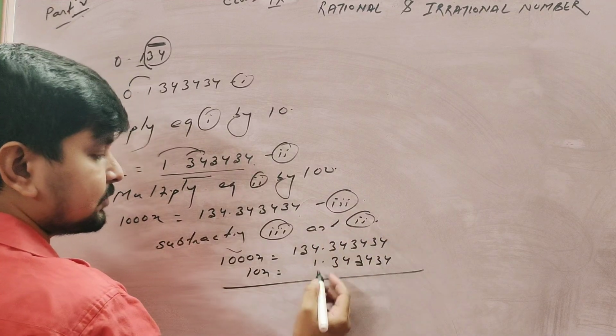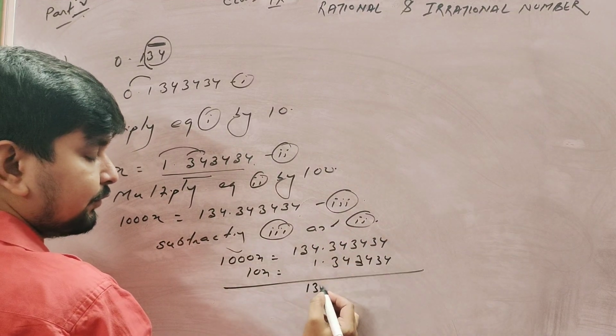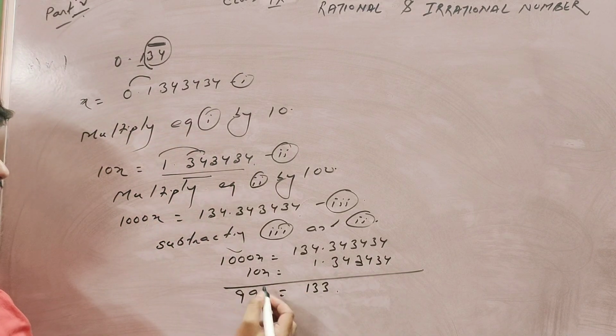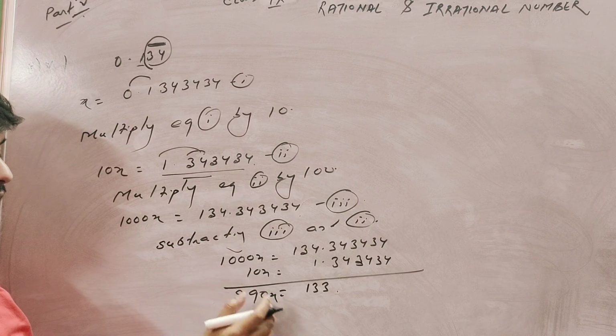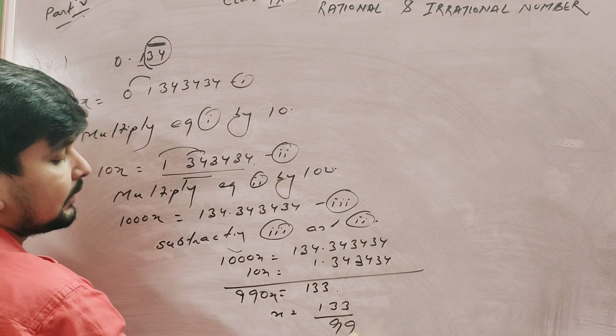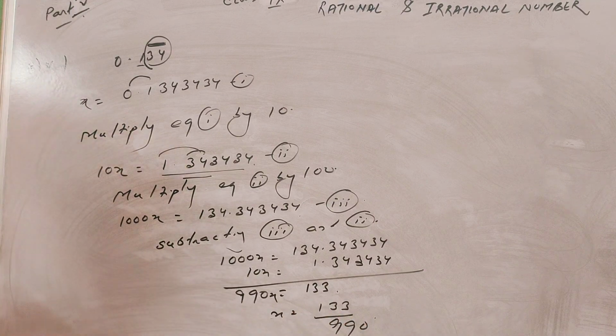Clear? This portion is over, so we get only 133 here, and it is 990x. So x equals 133 by 990. Note.